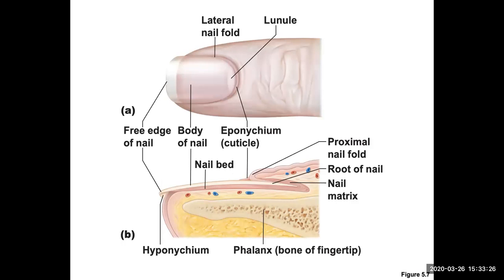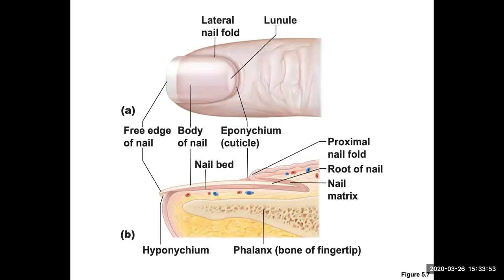So the nail bed is soft epidermis tissue. The root of the nail is the part that is not seen, down past the eponychium. The eponychium is a fancy word for your cuticle, okay?